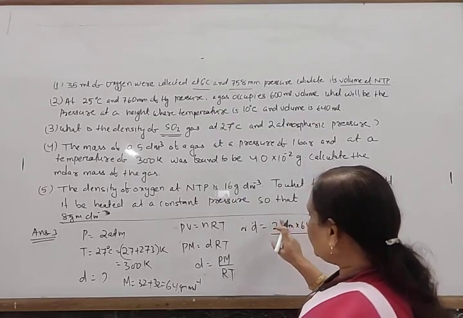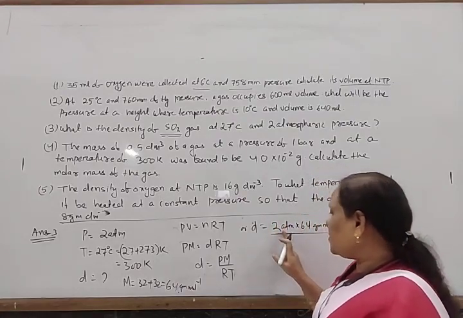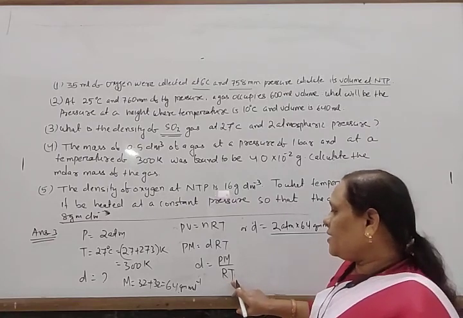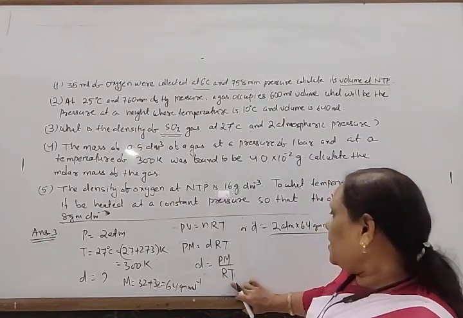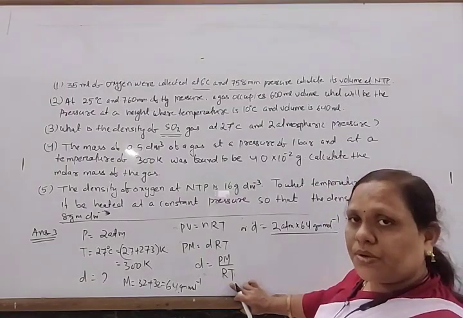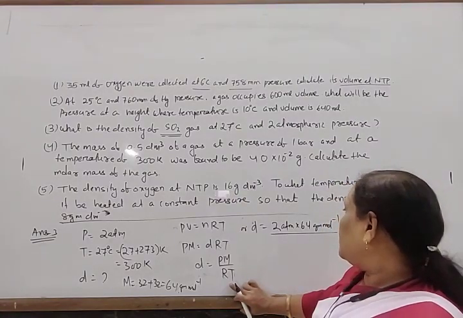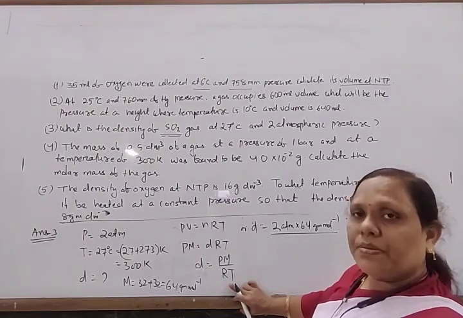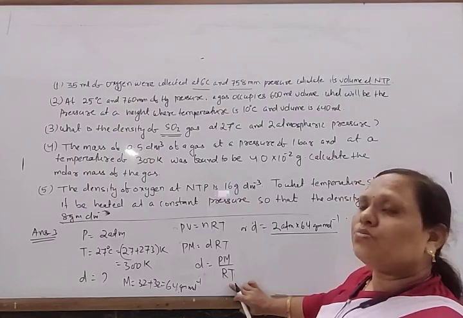As pressure is given in atmosphere and T is given in Kelvin, in this step substitute the value of R in atmosphere, that is 0.0821 liter atmosphere Kelvin inverse mole inverse.